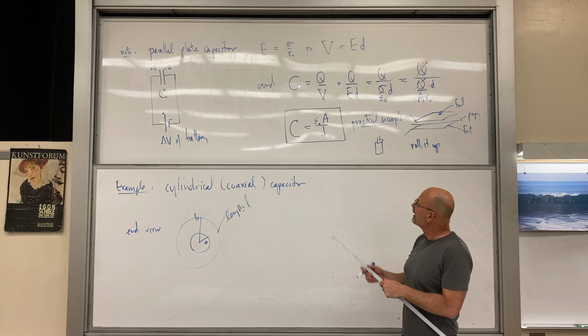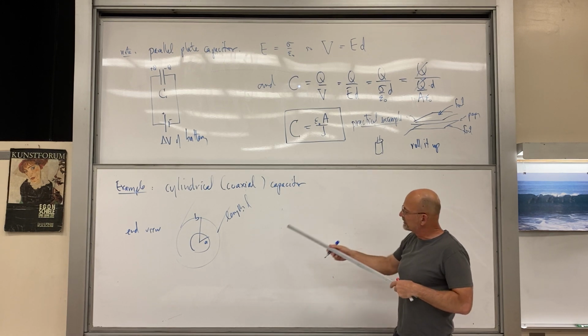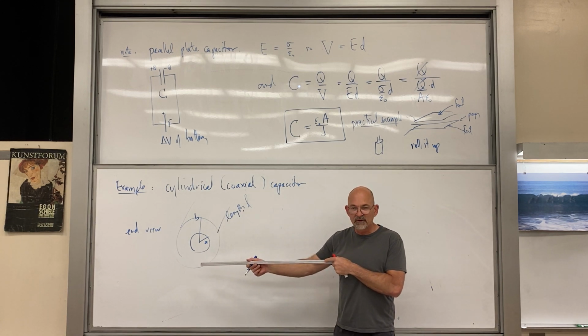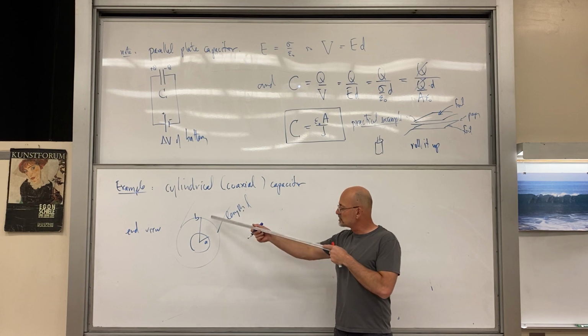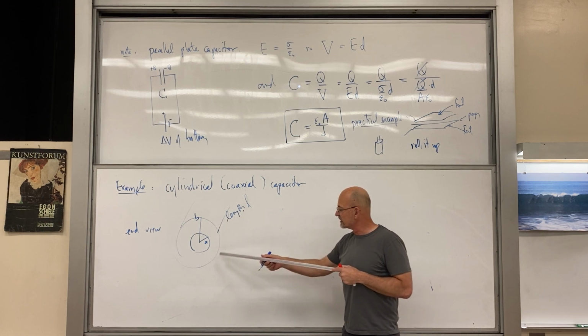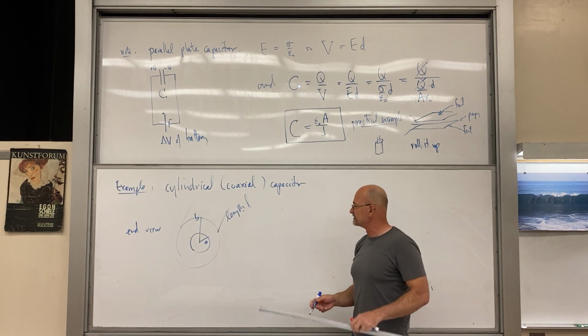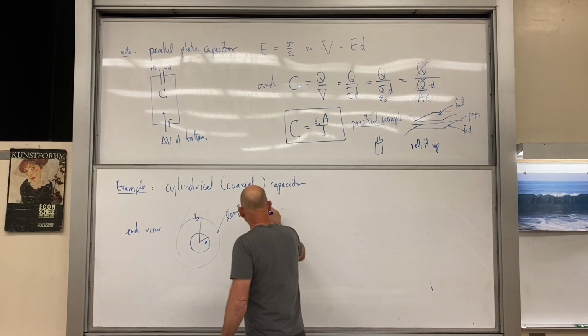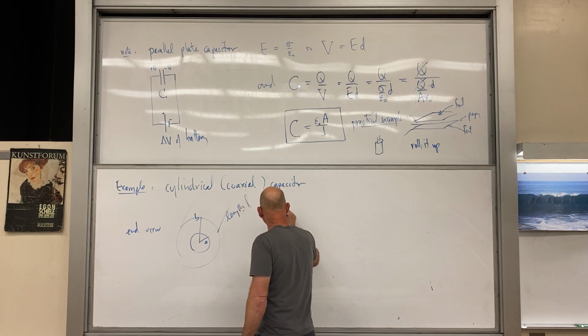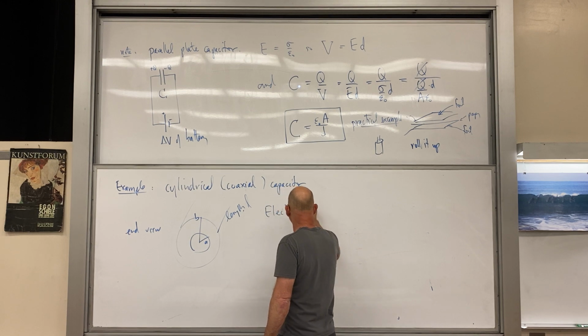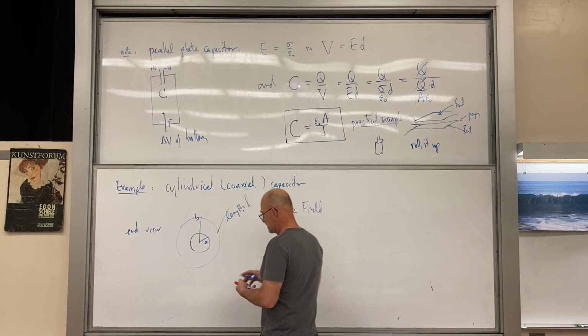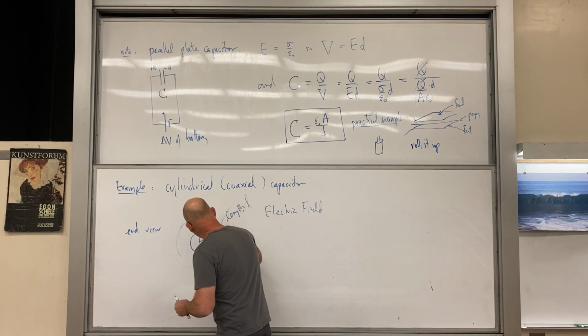So we're going to do the same thing we did here with the parallel plates. We have to find the electric field, and then we have to find the potential, and then we have to go ahead and find the capacitance. So the electric field inside, we learned this when we were doing Gauss's law.